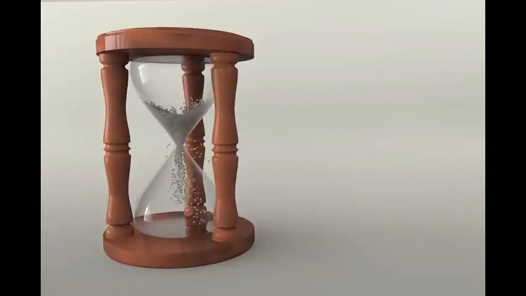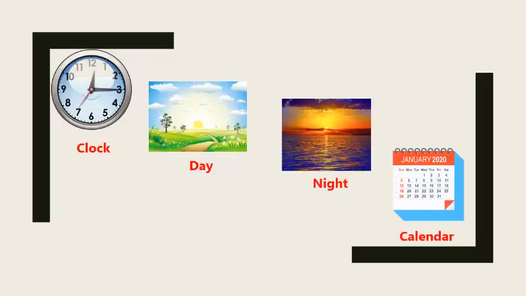The sand flowing from the top vessel to the bottom vessel indicates that time will run out from every human's life. As we studied in the previous class, time waits for no man. Time can be divided into second, minute, hours, day and night, week, fortnight, month and a year.